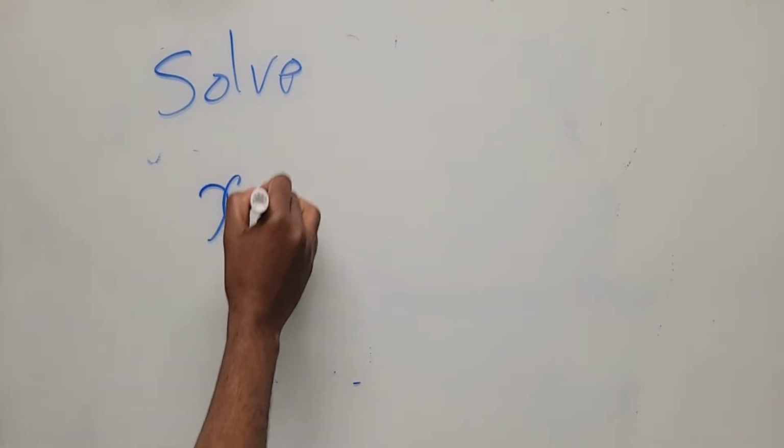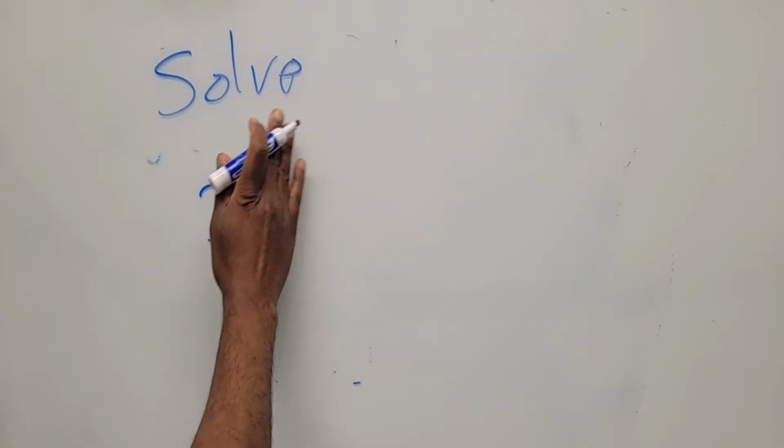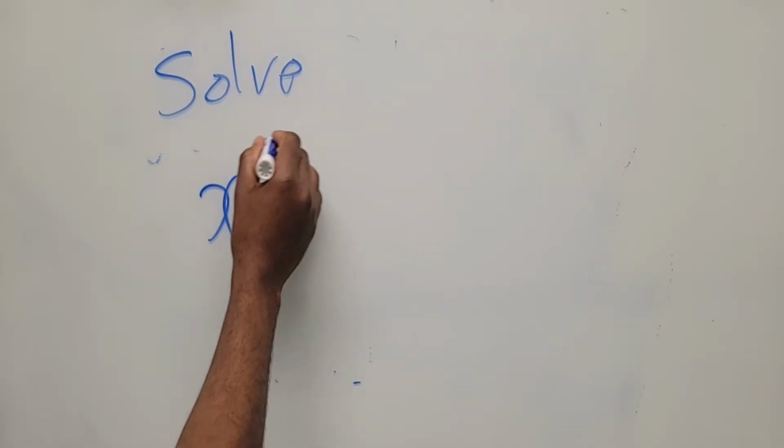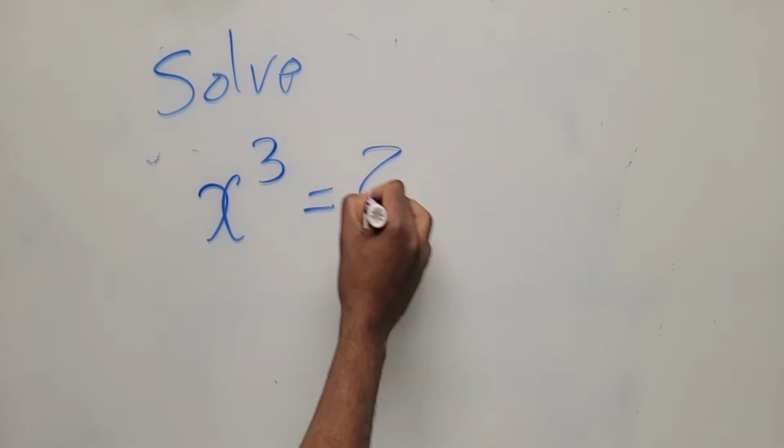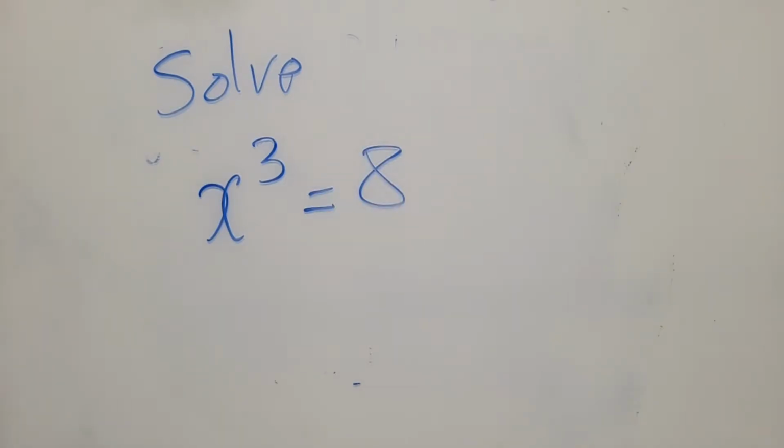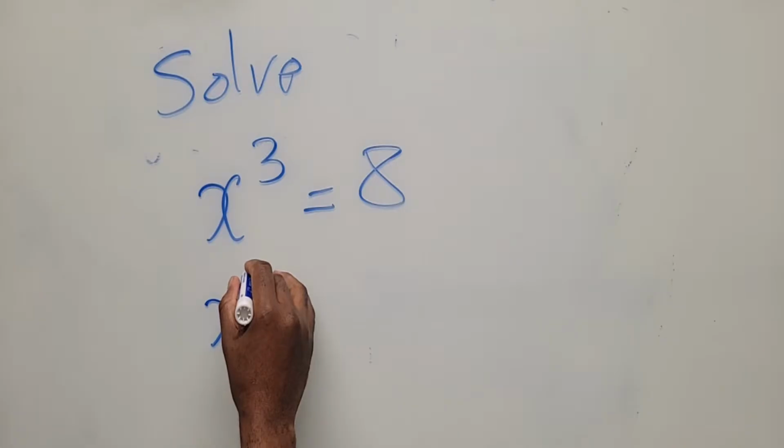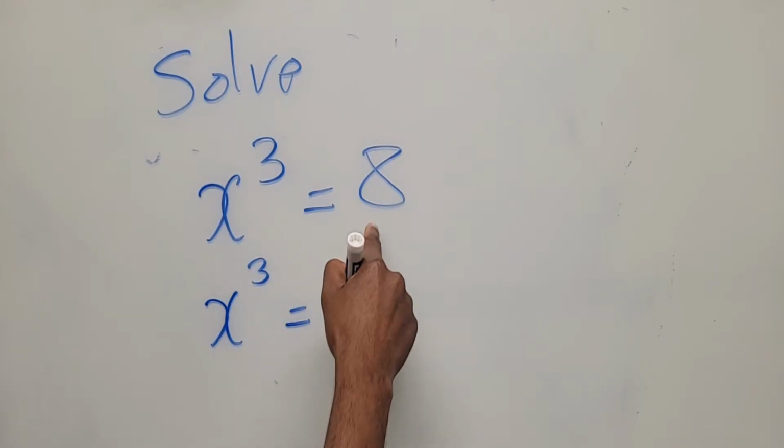Given that x to the power 3 is equal to 8. Okay? So you can see here that this is a very simple problem because I can just introduce cube root, or if I want, I can write 8 as a base of some number to the power of a number, right? And I know that x to the power 3 is equal to what?